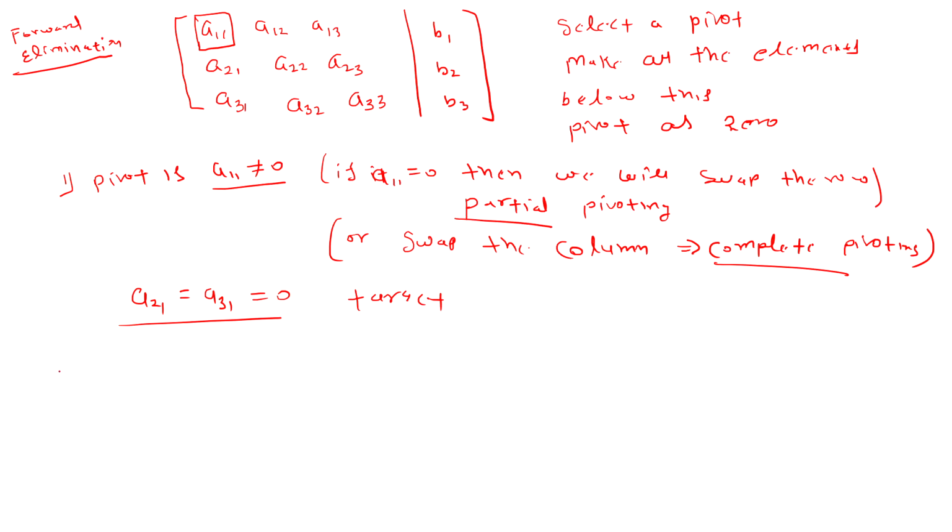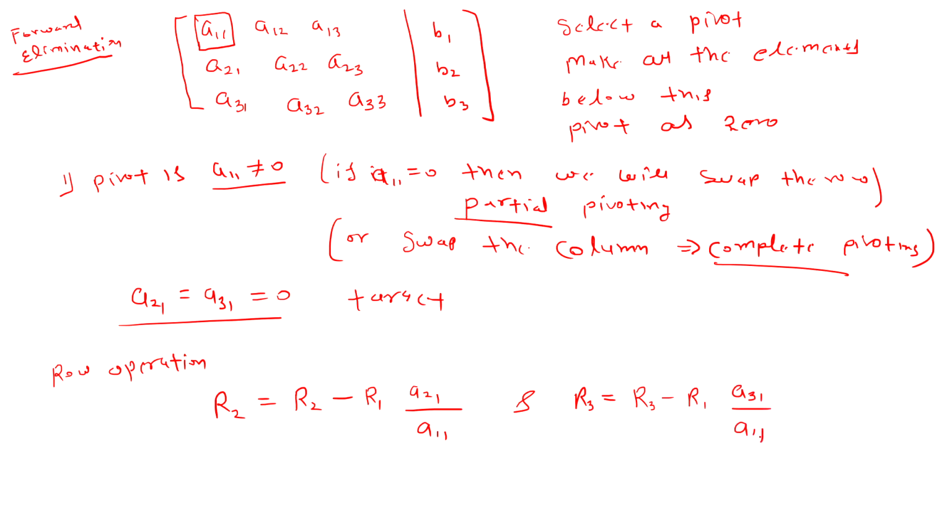The row operations are: make R2 equal to R2 minus R1 times A21 upon A11, and R3 equal to R3 minus R1 times A31 upon A11.